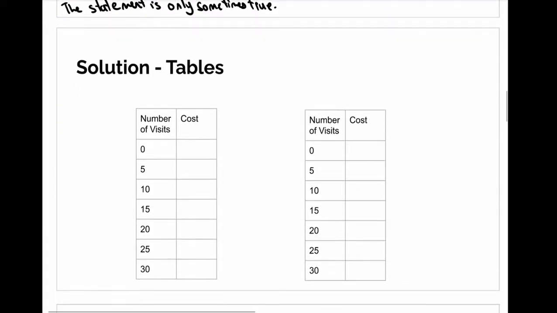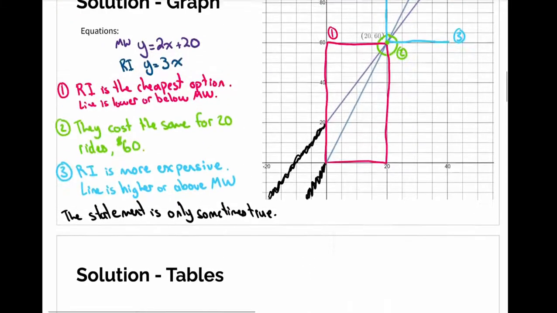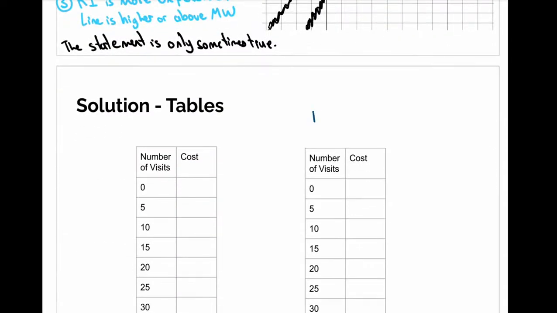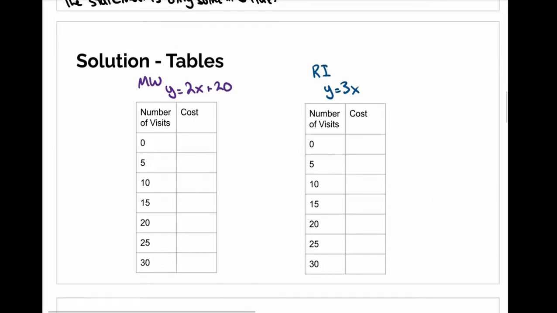Our next option, if we're looking at a table of values. So again, we have Ri, which was y equals 3x, and we have Mw, which was y equals 2x plus 20. We can create a table of values and compare them and see if it's always higher, always lower, sometimes higher, sometimes lower, or the same.